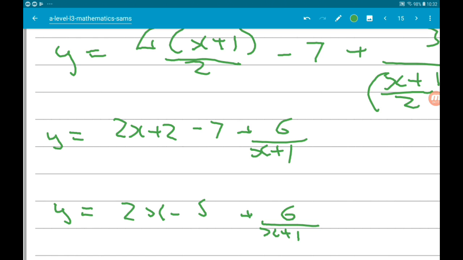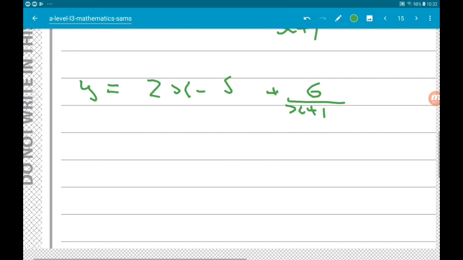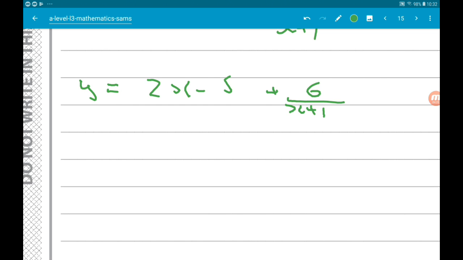Okay, so we now need to combine this into a single fraction. So, to do that, I'm going to go down the old common denominator route. So, I'm going to multiply 2x minus 5 by x add 1 over x add 1.